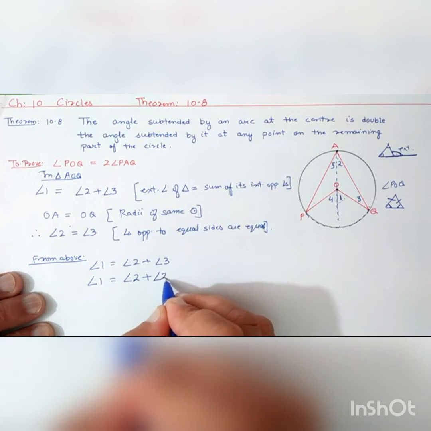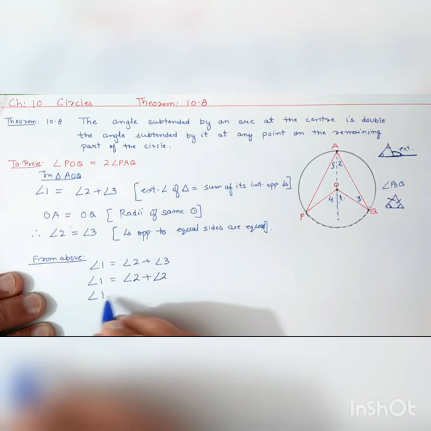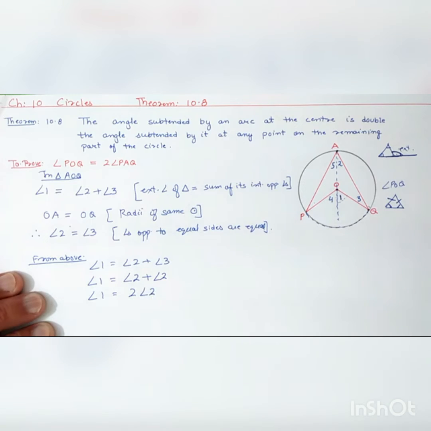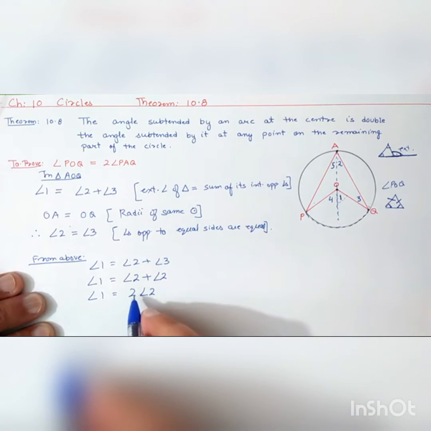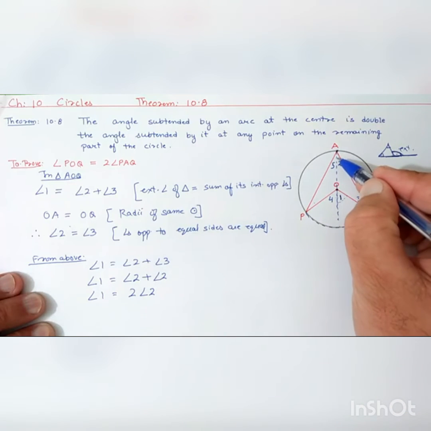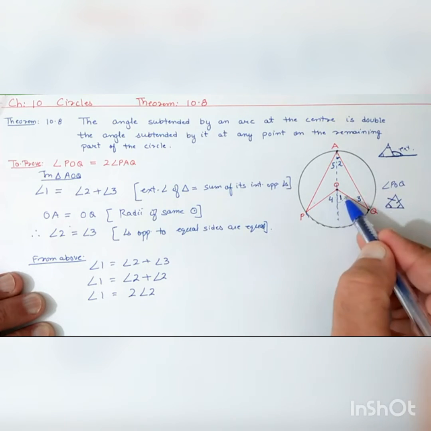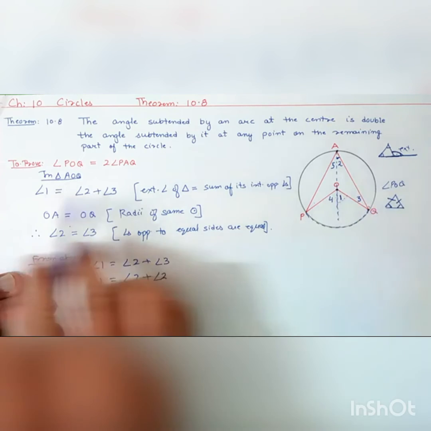Now since angle 2 is equal to angle 3, from the first statement, that is angle 1 equals angle 2 plus angle 3, we can write angle 3 also as angle 2. So in place of angle 3, we are writing angle 2.